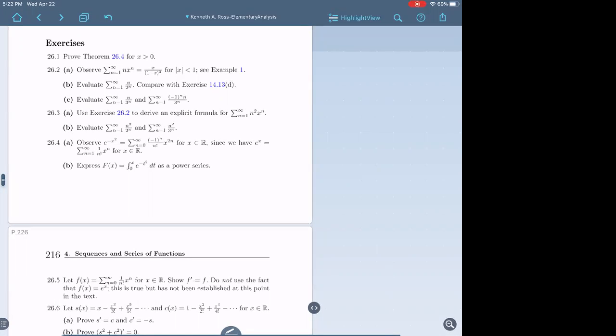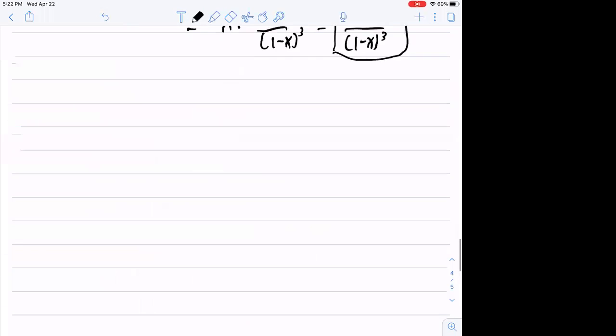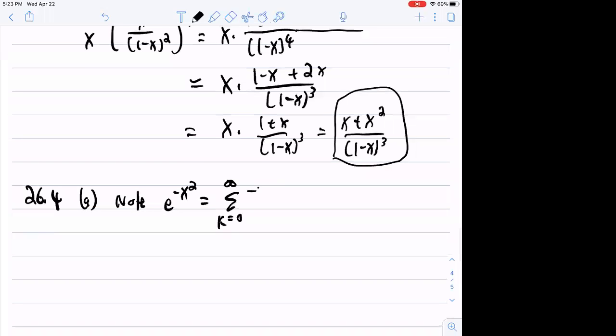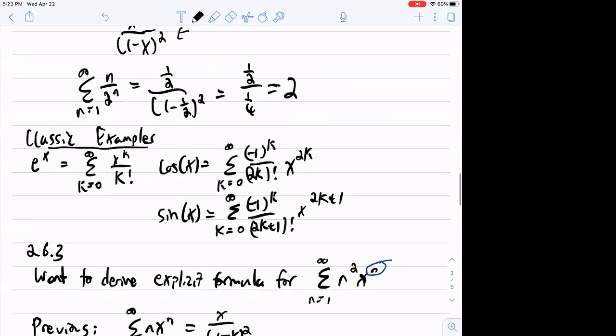For 26.4, it says note e to the negative x squared is this. So how do we get this? I forgot to tell you from the top, all 3 of these have r equals infinity.